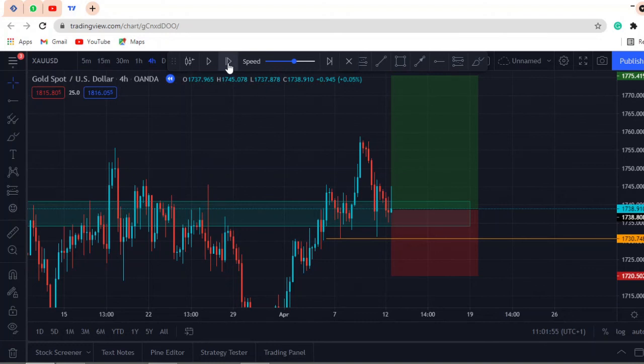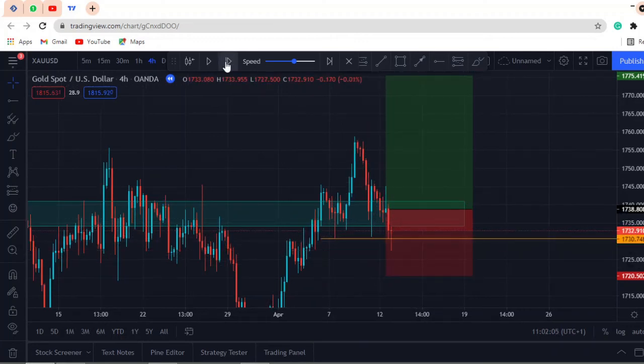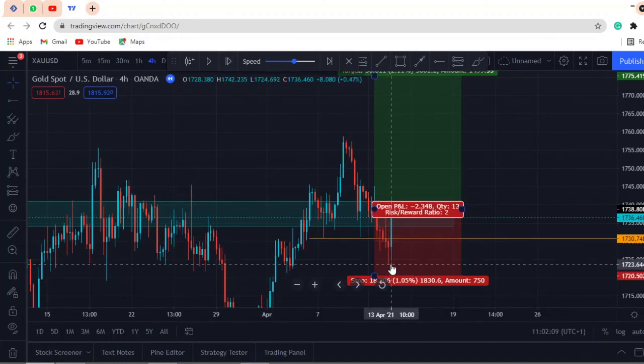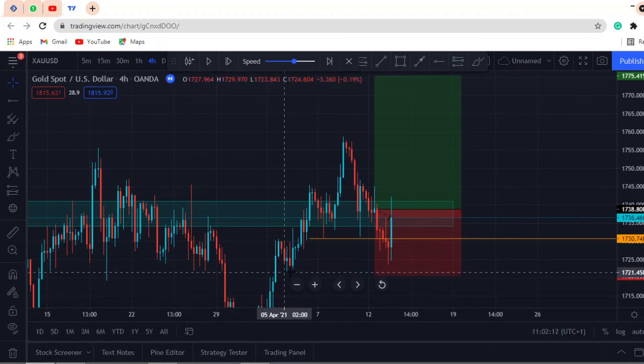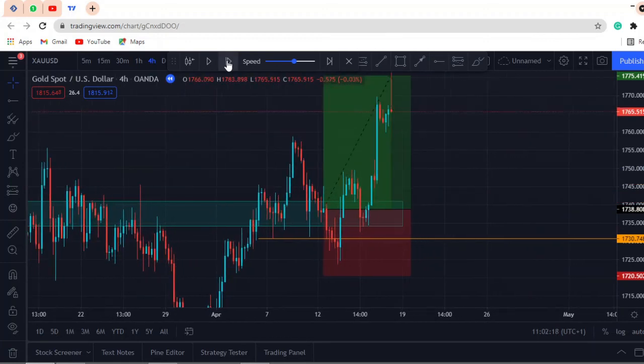All right, let's play it and see. You see, with just one bar, if you had placed your stop loss here, you would have been smashed out. Let's play it on. Then it came down again, down, down, down. We put our stop loss below this one here. Then what happened? Let's play it and see.